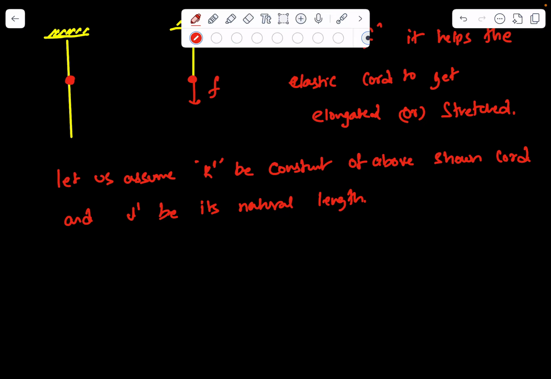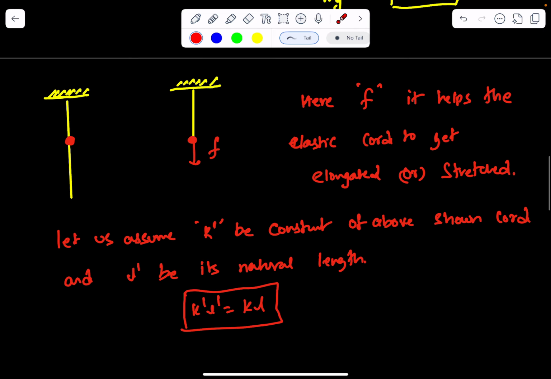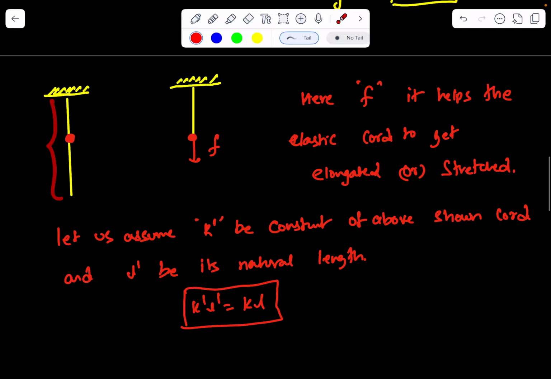Then we can write K dash L dash will be equal to K times L. L dash is not the length; I'm saying L dash is the natural length of this part of the cord, and K dash be the equivalent force constant of this part of the cord. K dash L dash will be equal to K times L, where K and L are the force constant of the complete cord and its natural length. This property we have taken from the elastic property already discussed in step 1. I hope all of you understood what I said. So let us say here is equation A.